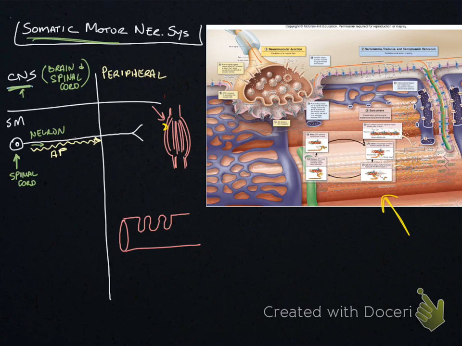So I have a muscle drawn here, and once it gets close to the muscle, it'll send a chemical message in the form of a neurotransmitter called acetylcholine.